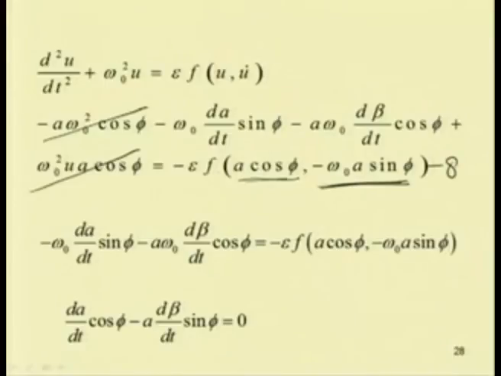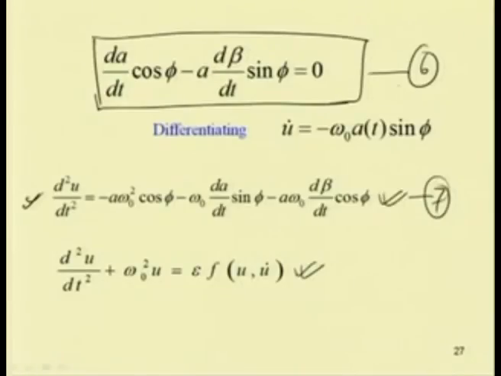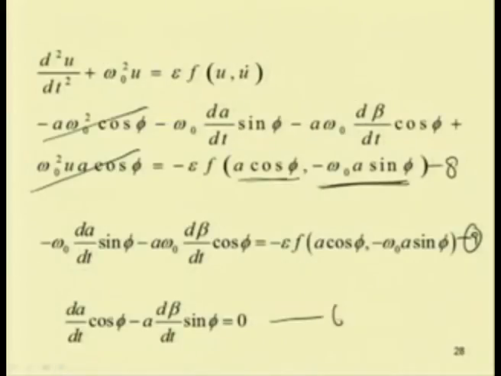So, the equation reduces to this form: minus omega 0 dA/dt sin phi minus a omega 0 dβ/dt cos phi equal to minus epsilon f(a cos phi, minus omega 0 a sin phi). This is equation 9, and again we have written equation 6 here.